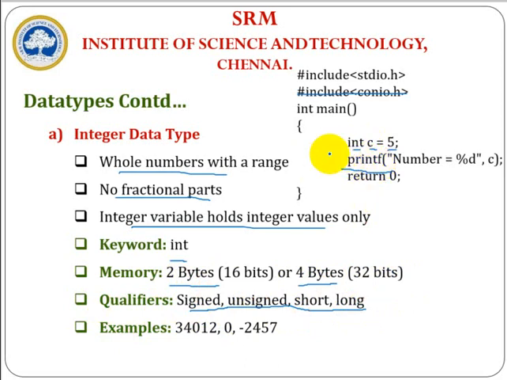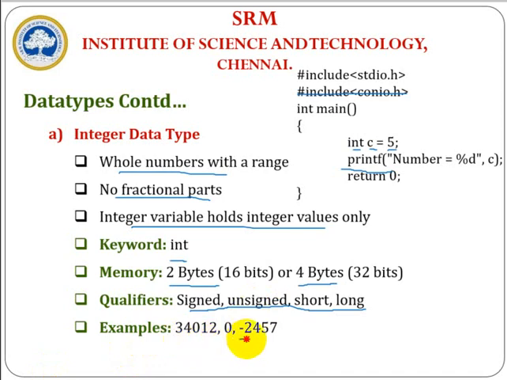I think we already discussed this: short int, long int, signed int, unsigned int. Based on those qualifiers, the memory can be extended or shrunk. Short will reduce, long will extend. Signed can handle positive as well as negative values.